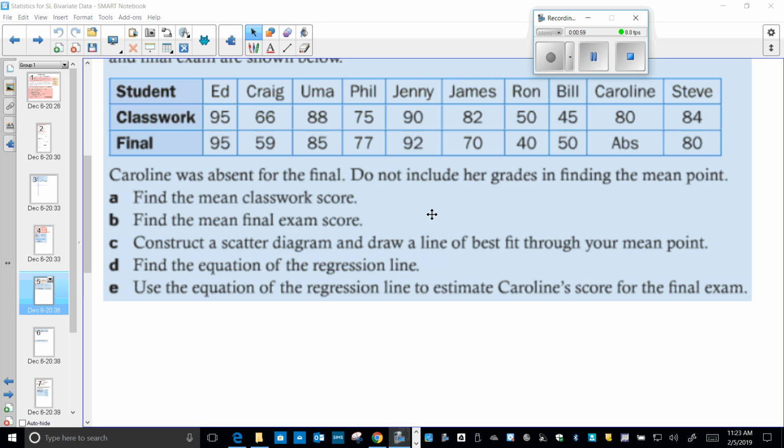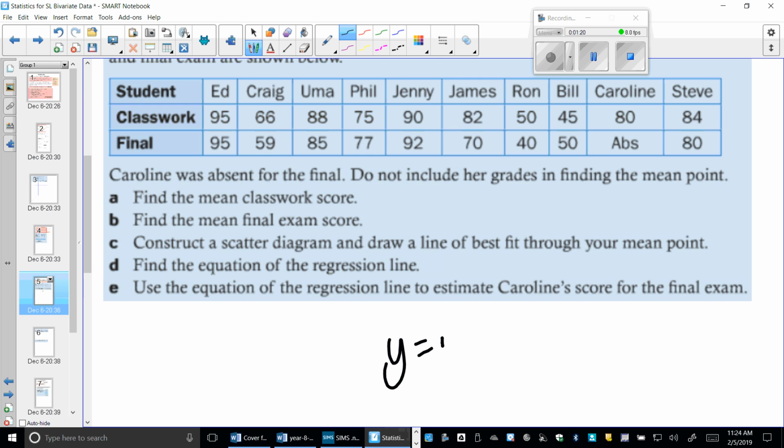So it says find the equation of the regression line. This is where you have to remember about equations of straight lines. You've drawn a straight line. Straight lines have which format? y equals mx plus c.